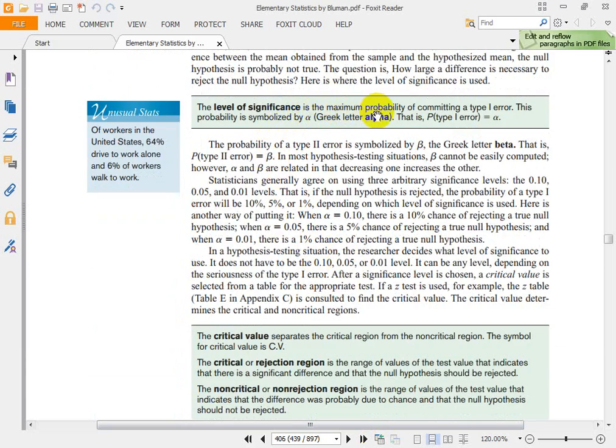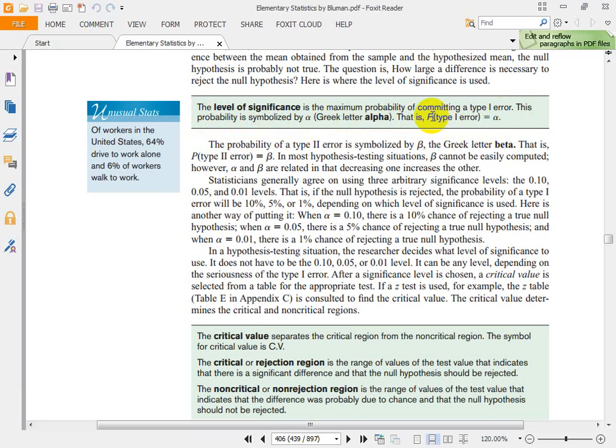The level of significance is the maximum probability of committing a type 1 error. This probability is symbolized by the Greek letter alpha, that is, P of type 1 error is equal to alpha.